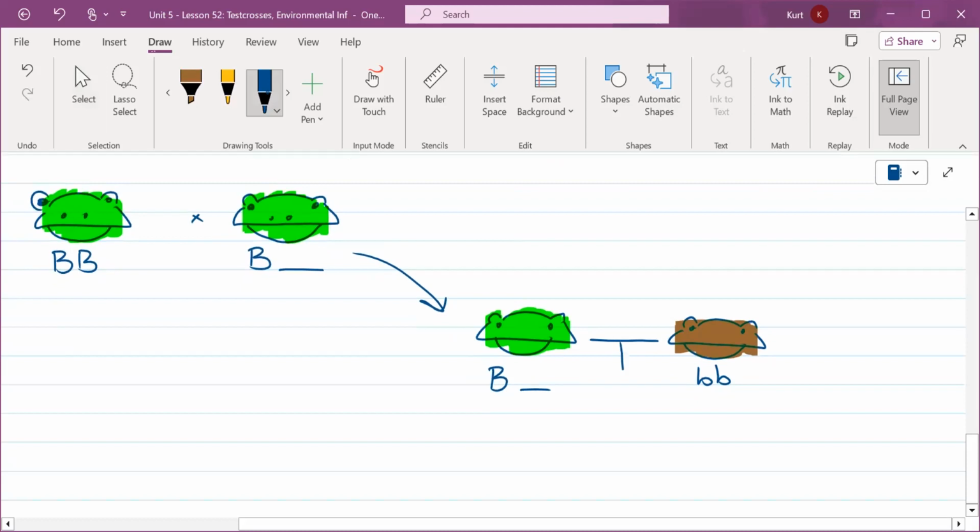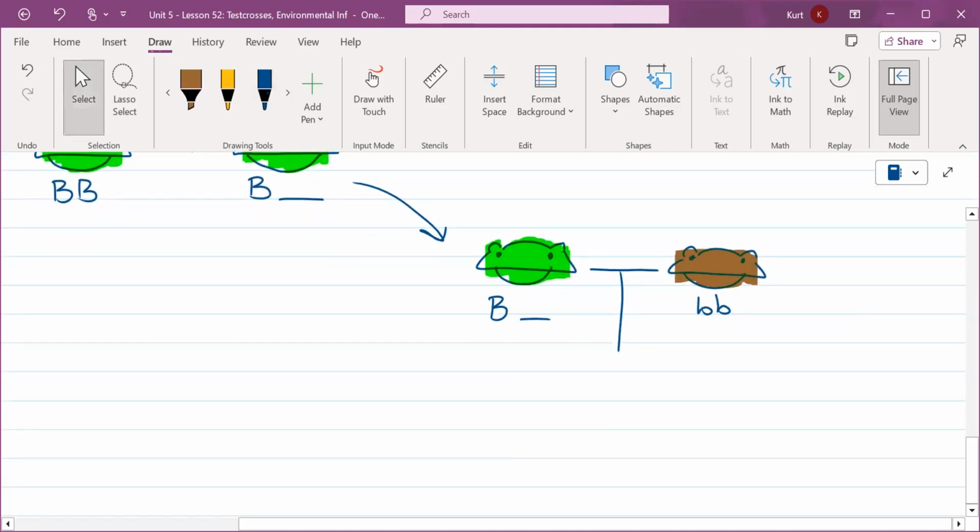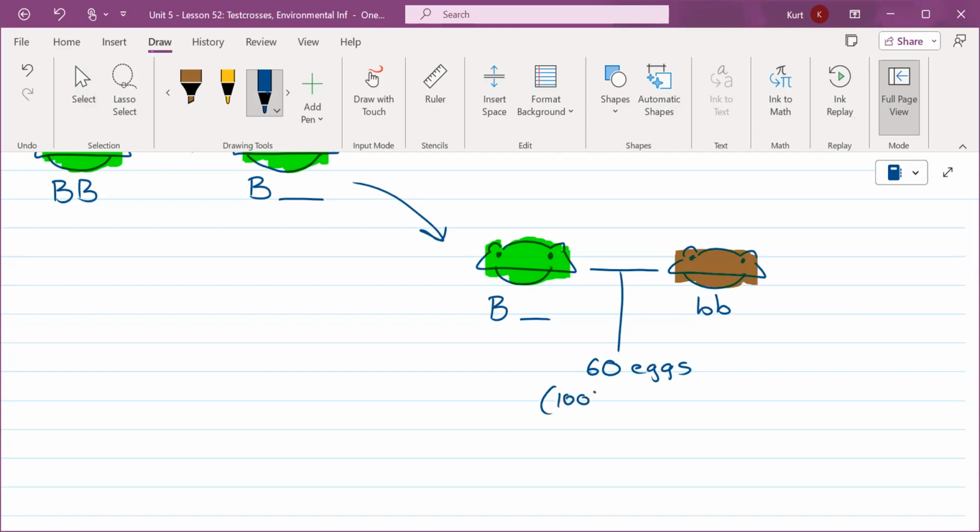So I cross these two, and let's say they make about 60 little tadpole eggs. Out of those 60, 100% are green. They grow up, they all became green frogs.